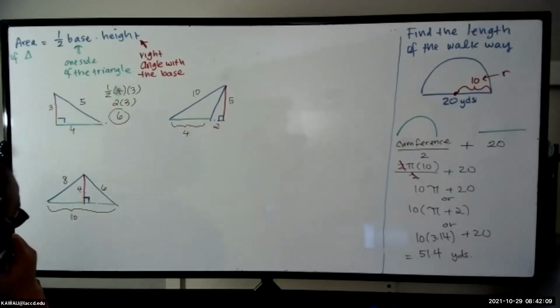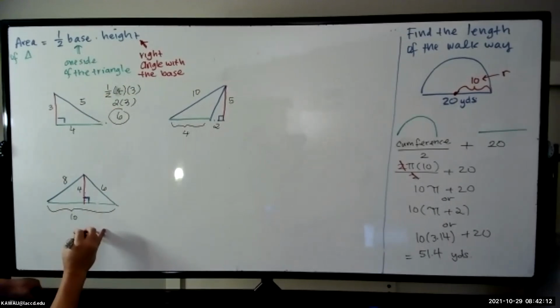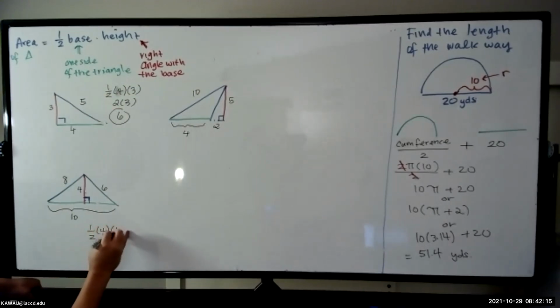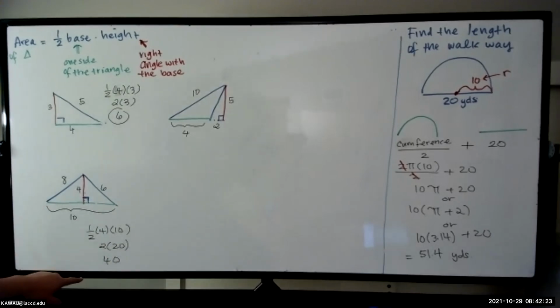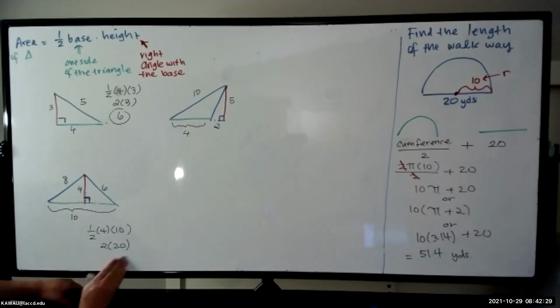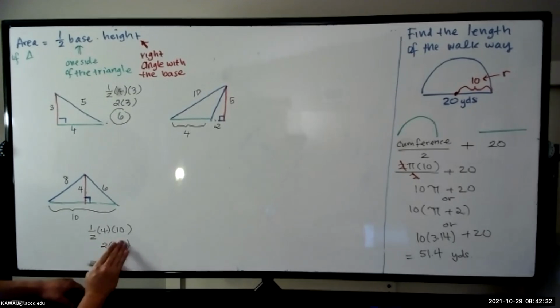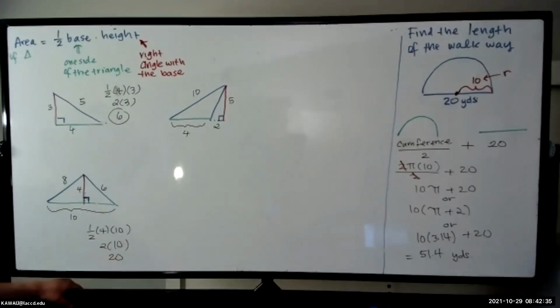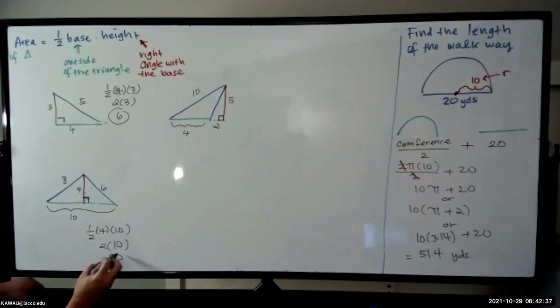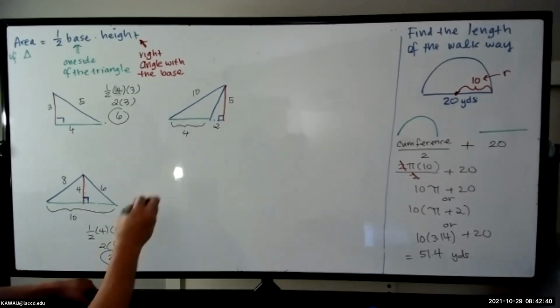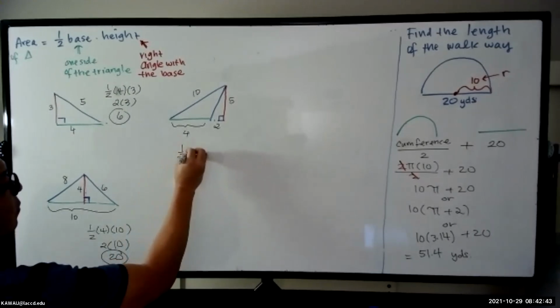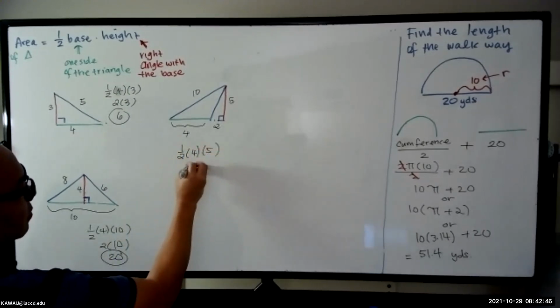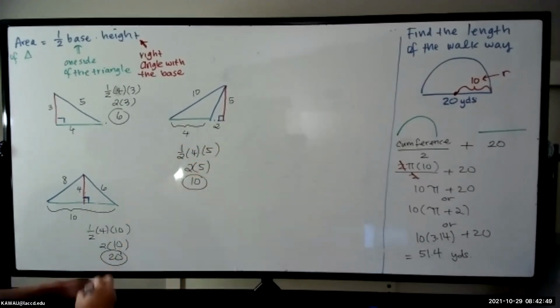This one's going to be 1/2 times 4 times 10, is equal to 2 times 10, which is 20. Okay. All right, so that's good. And this over here is going to be 1/2 times 4 times 5, is equal to 2 times 5, which is 10. Like that.